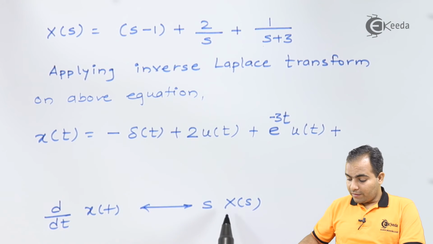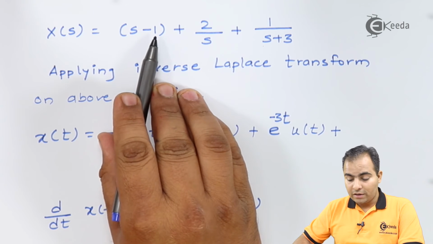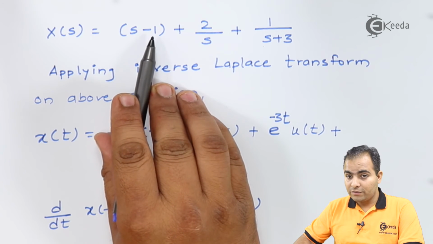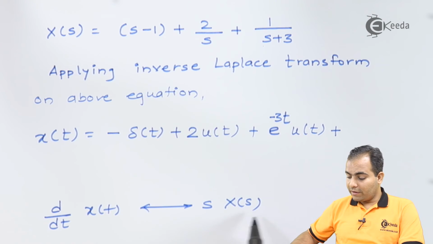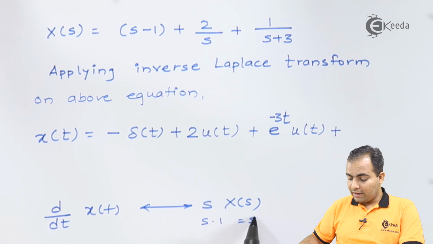Now if the Laplace transform of del of t is 1, then on the right hand side we have only s into 1, that is s. So you can say that here we have a del of t function.